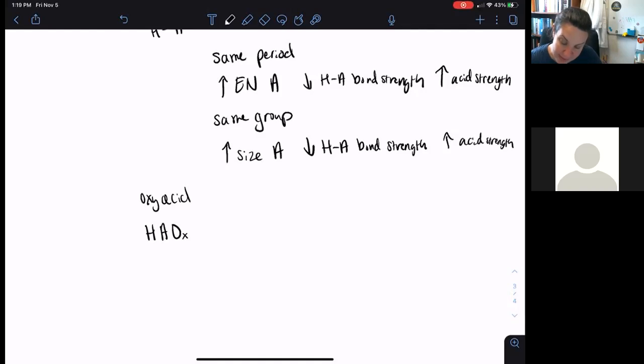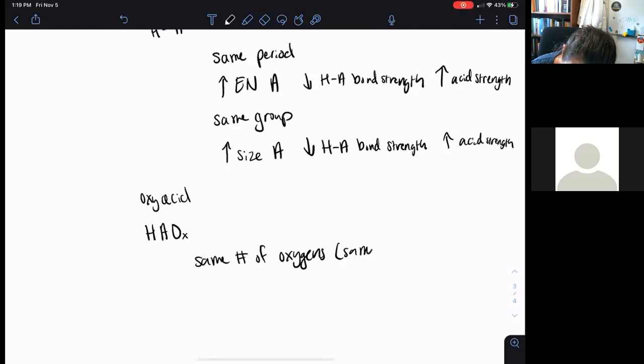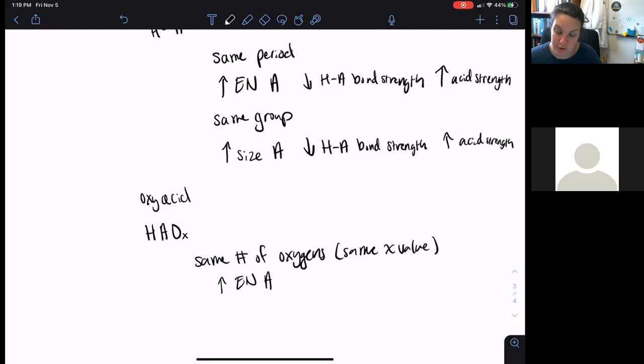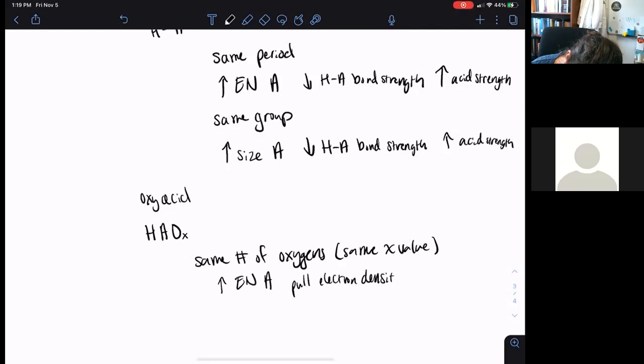So if we are looking at the same number of oxygens, so the same x value, as you increase the electronegativity of your A, you're going to pull electron density away from the oxygen and then the hydrogen.